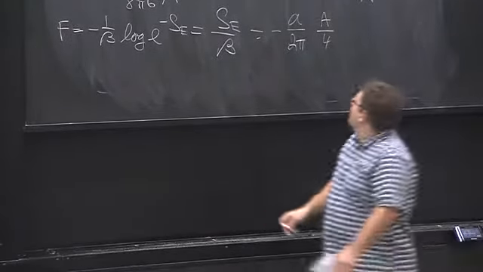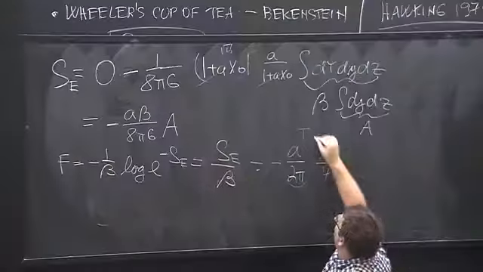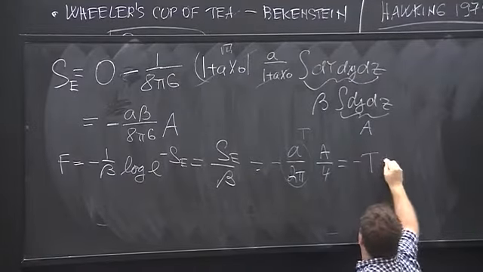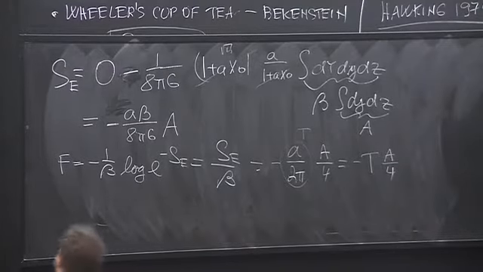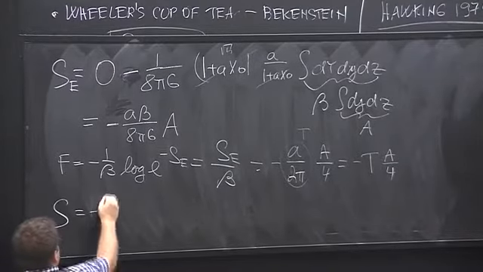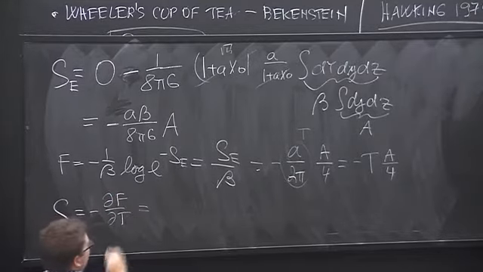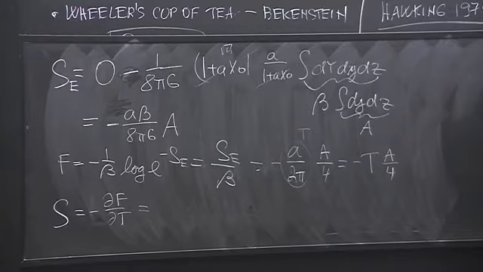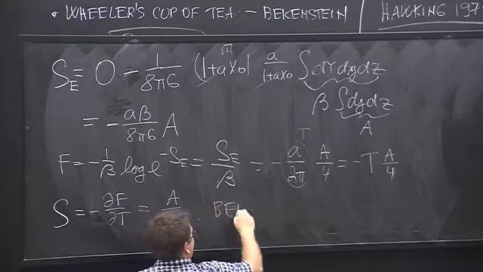And then finally, you notice that this is what we called the temperature. So this is minus T a over 4. Now you calculate the entropy, which is minus dF over dT. And that gives you a over 4, which is basically what Bekenstein told you.